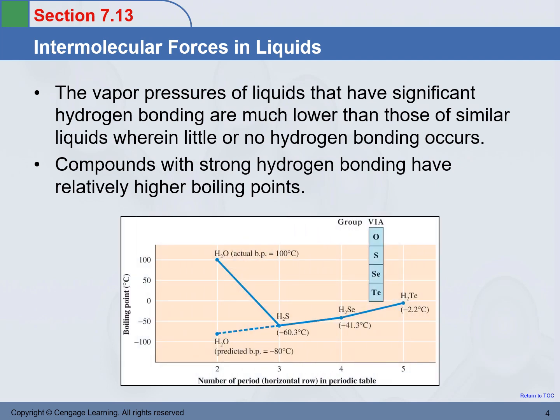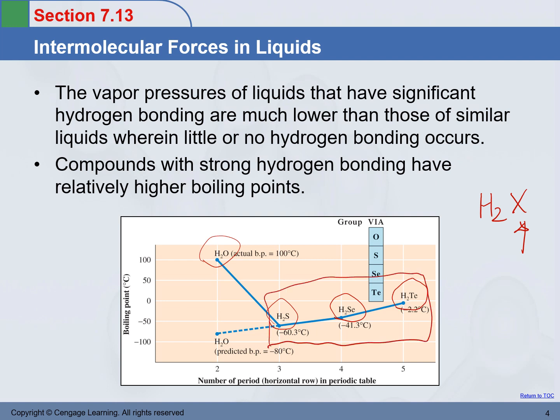All right, here is a series of compounds, which is this, H2X. X is an element from column number 6A elements. So oxygen, which is H2O, sulfur, H2S, selenium, H2Se, tellurium, H2Te. Well, if you look at this, the boiling point is getting higher and higher. Makes sense because the molecule is getting bigger and bigger. And that was our conclusion from the last episode.